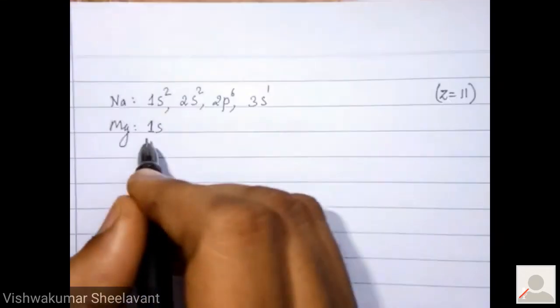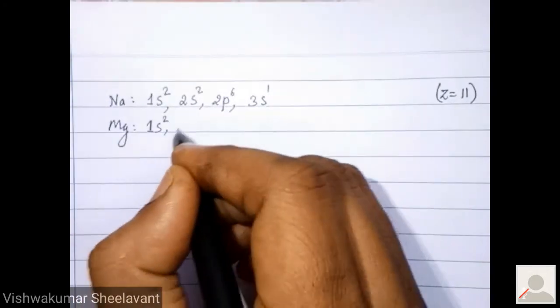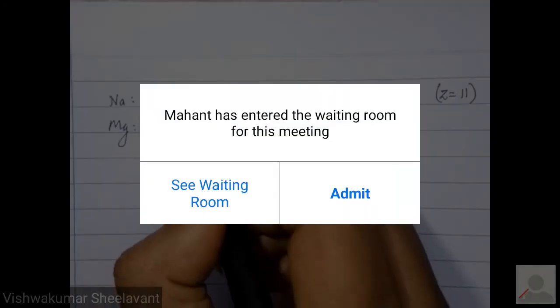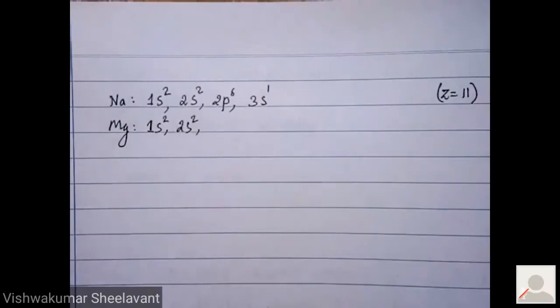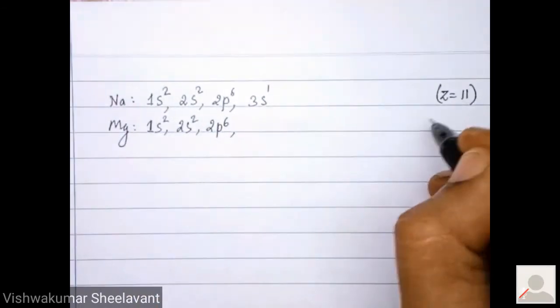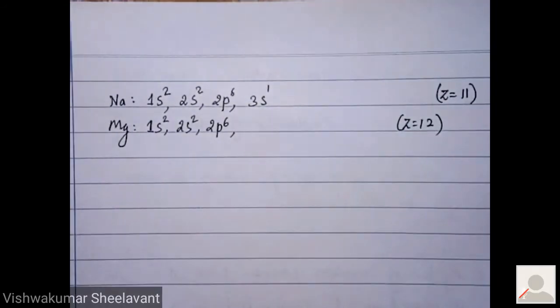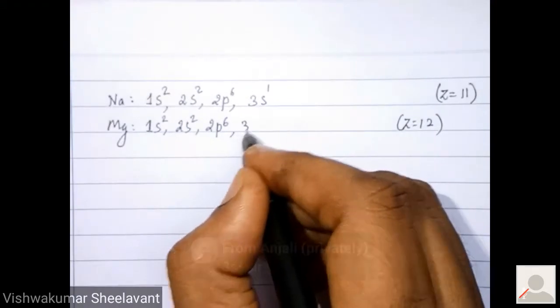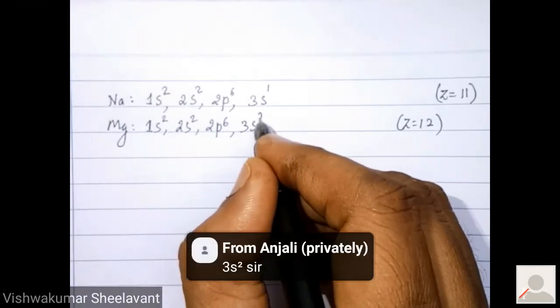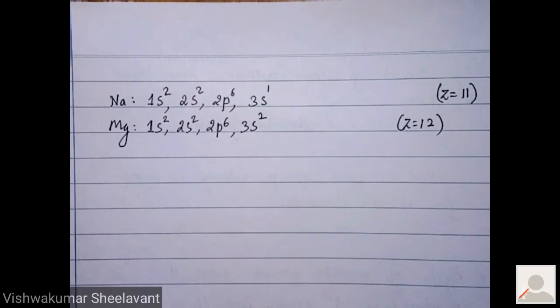So what will be the electronic configuration for magnesium now? 1s square, 2s square, 2p6. Here Z is the same, no. So in the third shell, you have to increase the electron by 1 unit.